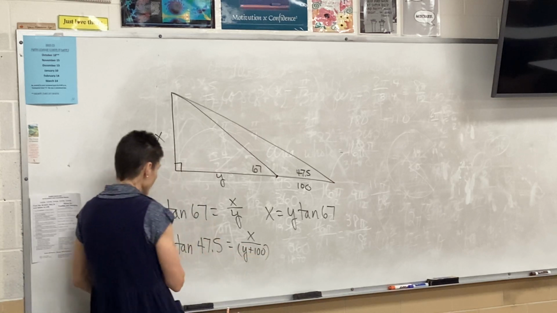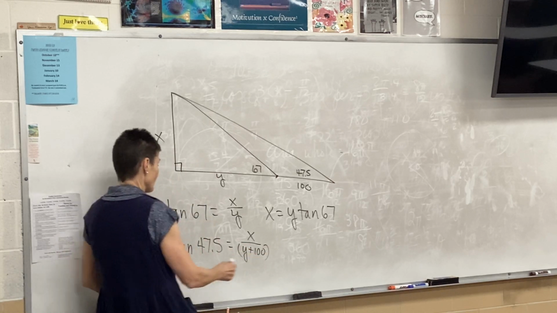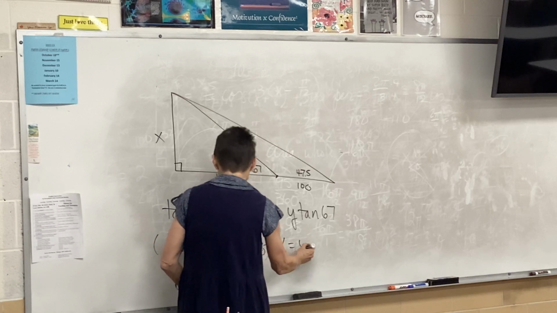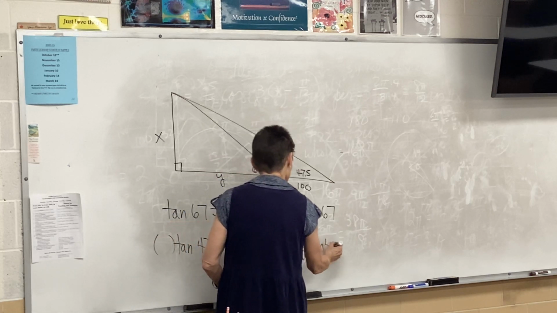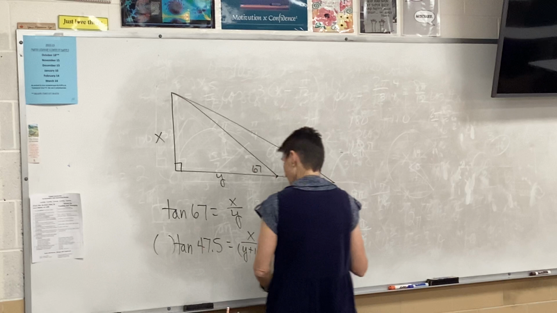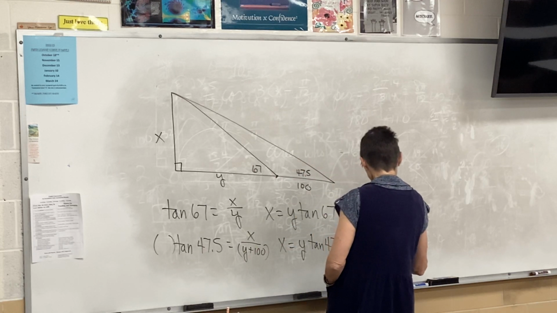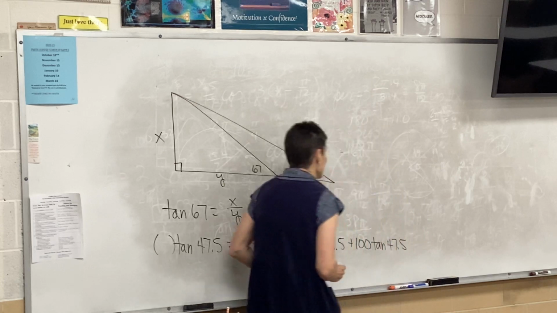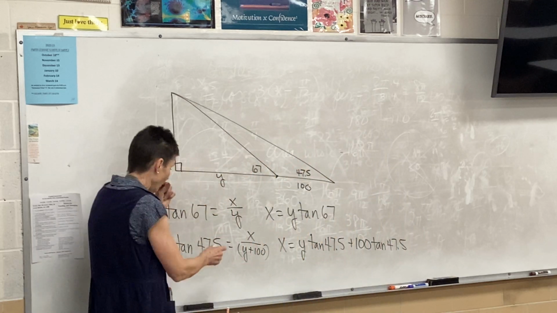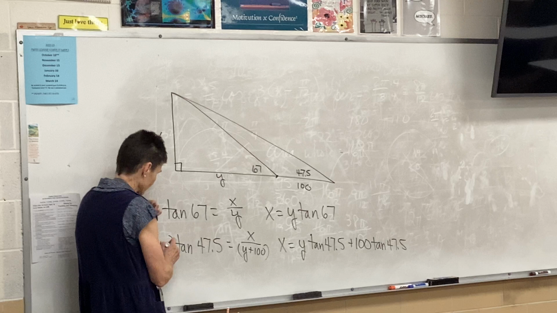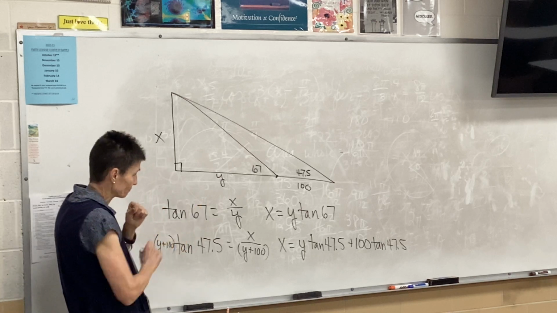So multiplying this over here to get rid of my fraction. X equals y tan 47.5 plus 100 tan 47.5. So I am multiplying this over to here. And then I distribute it.